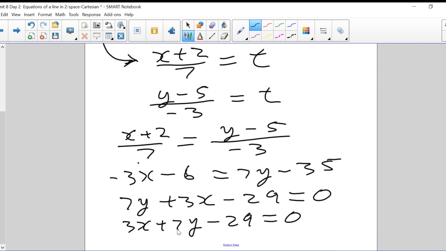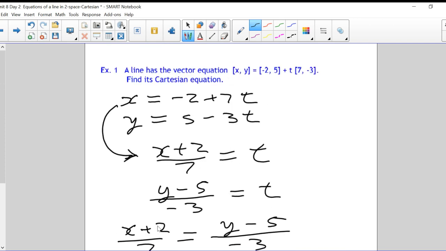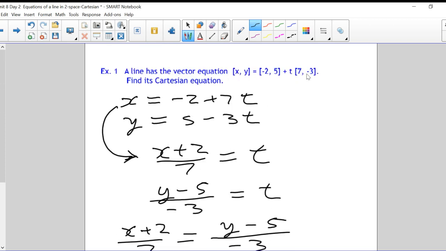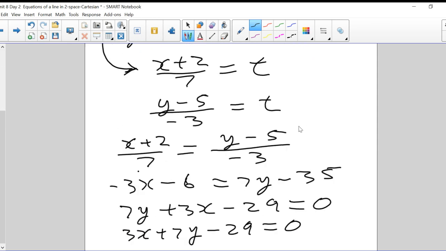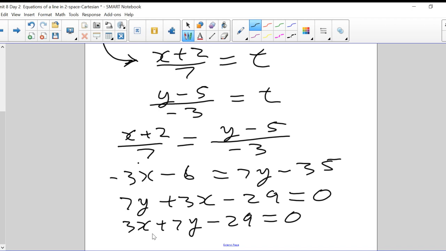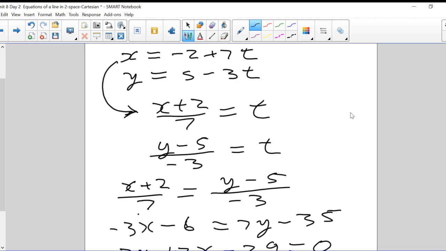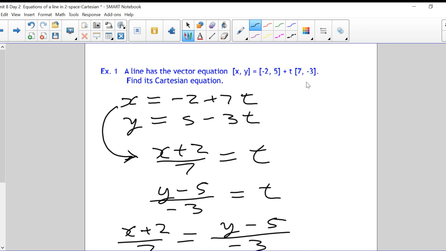This 3 and the 7 look like they could be related somehow to the original 7 and the minus 3, and they are. If you made the 3 and the 7 into a vector, 3 comma 7, and you were to multiply the two together, you'd actually get 0.